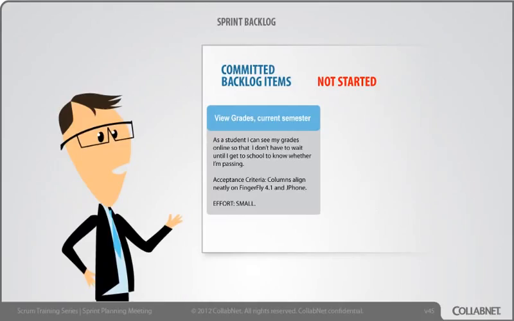As a student, I can see my grades online so that I don't need to wait until I get to school to know whether I'm passing. Columns should align neatly on Fingerfly 4.1 and JPhone.